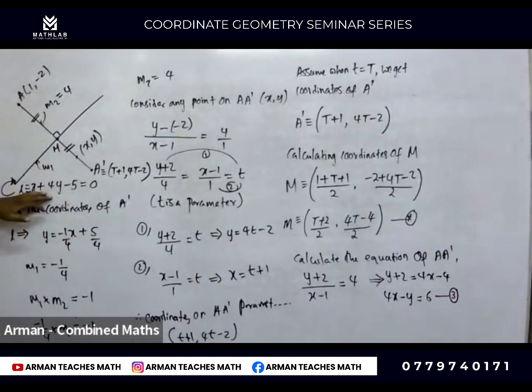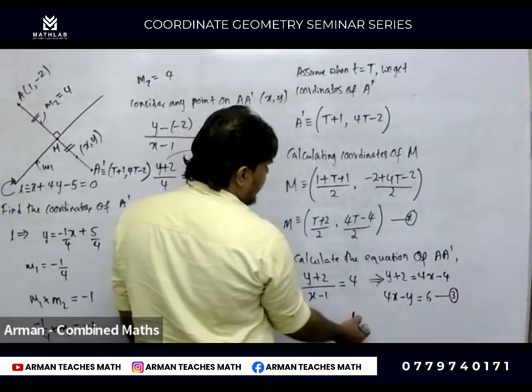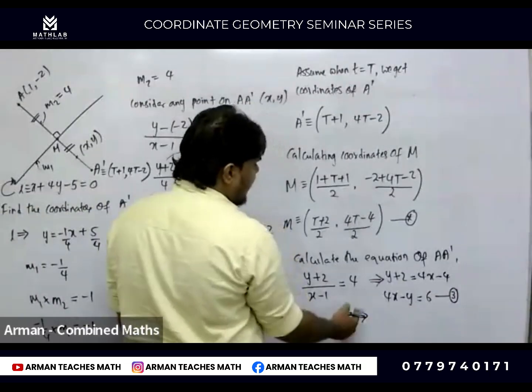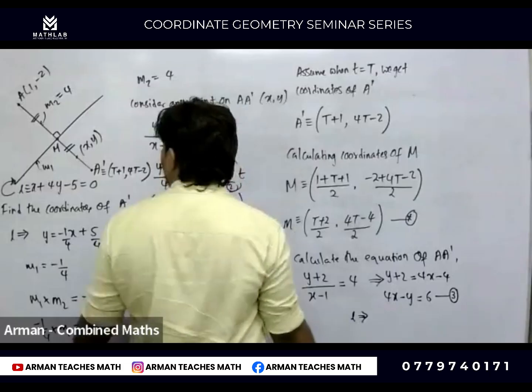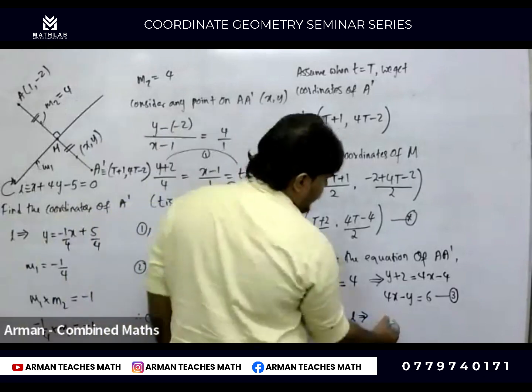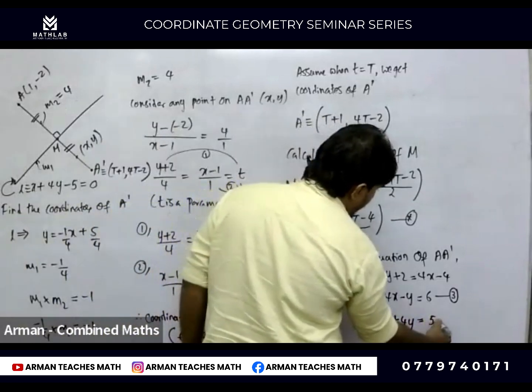Now I will recall the L equation below that one. I'm calling the L equation here. That arrowhead says that L equation. I'm calling it here: x + 4y - 5. I will take it to the other side, plus 5. So we get x + 4y = 5.